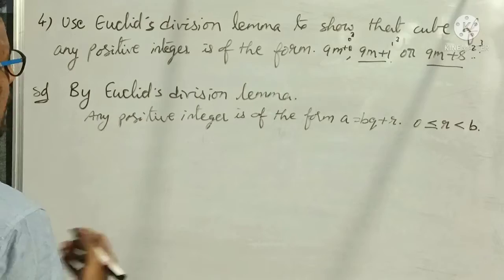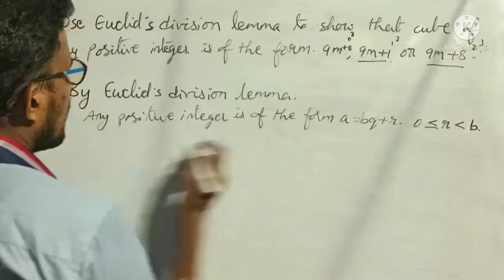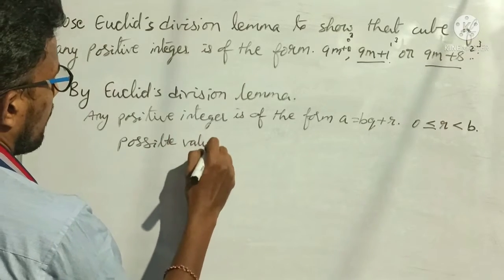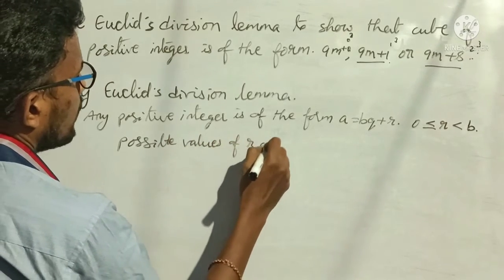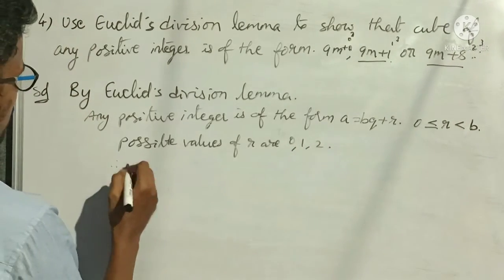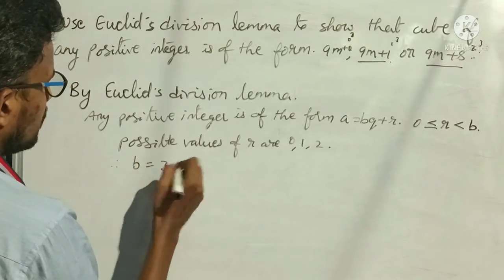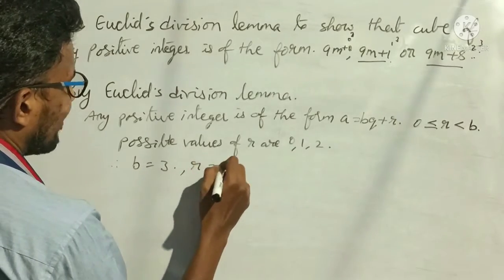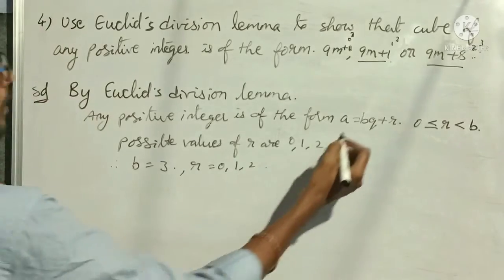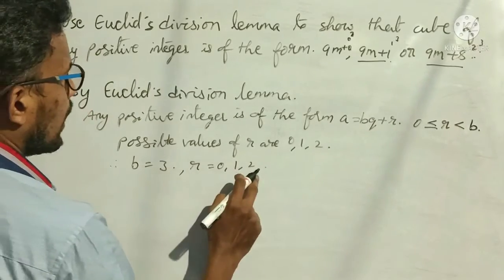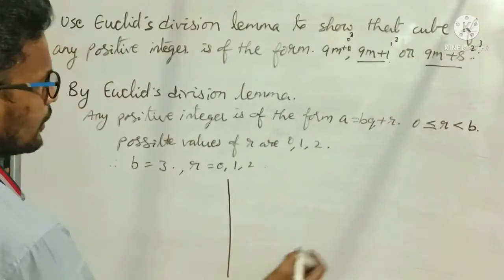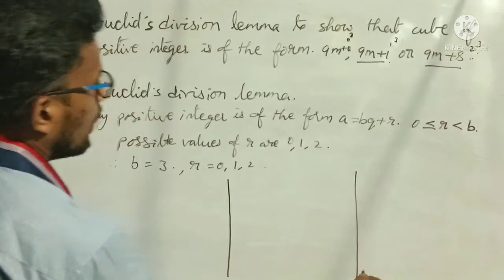Okay, so now I said that possible values of r are 0, 1, 2. Therefore, b is equal to 3, r is equal to 0, 1, 2. Okay, so now we can take b as 3 and r as 0, 1, 2, substituting in this equation, then we will get all the 3 conditions.